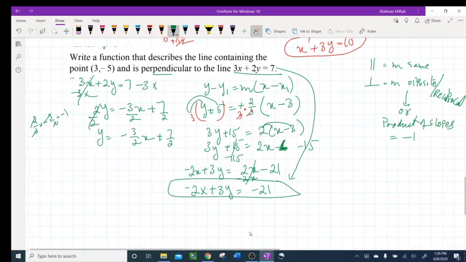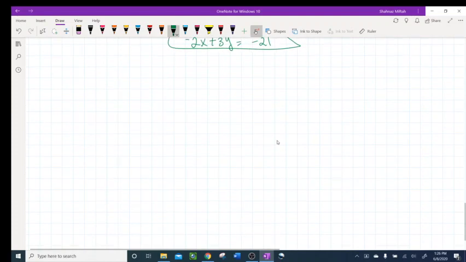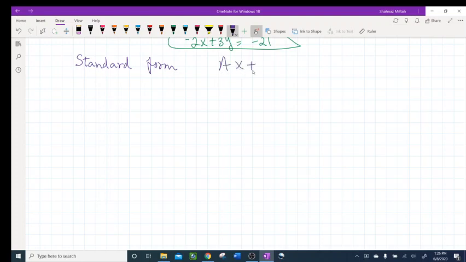There are a few things that I want you to copy down. The standard form of an equation is ax plus by equals c. A, B, C are real numbers, and make sure there are no fractions.